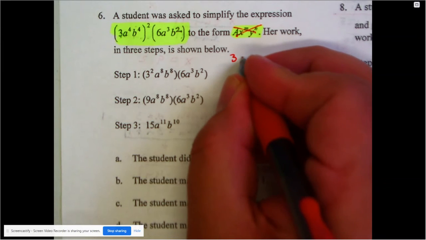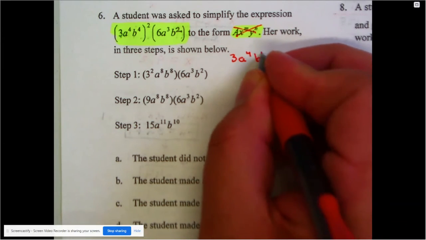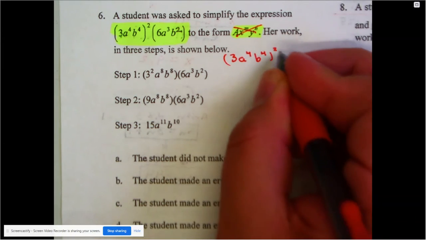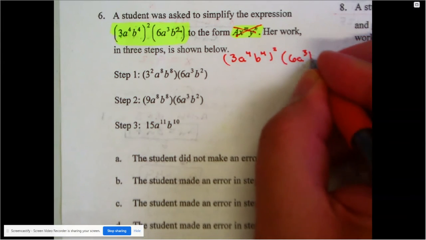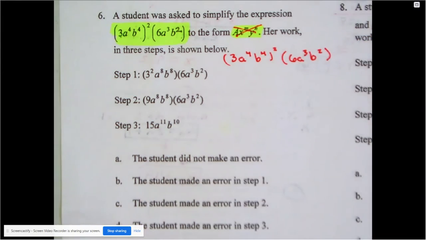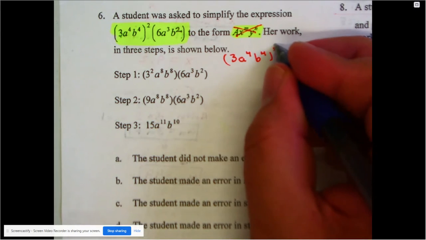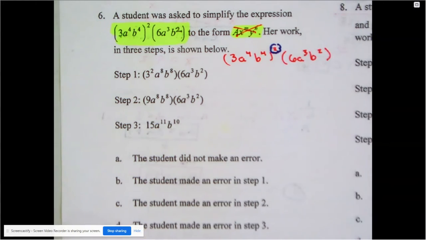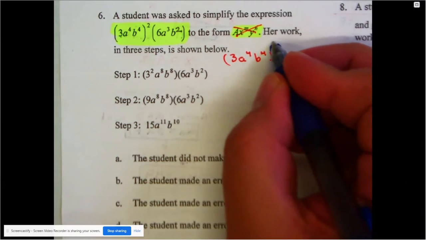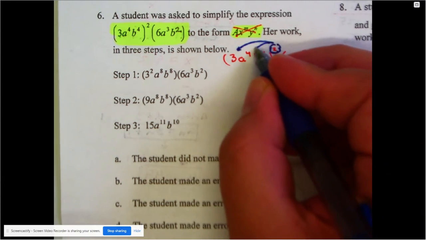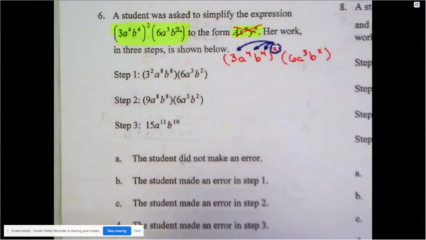So it says 3 a to the 4 b to the 4, to the power of 2, times 6 a to the 3 b squared. All right, order of operation says you have to handle powers first. And look, there's no adding or subtracting in here. Then everybody inside is going to get that power. All of them will.